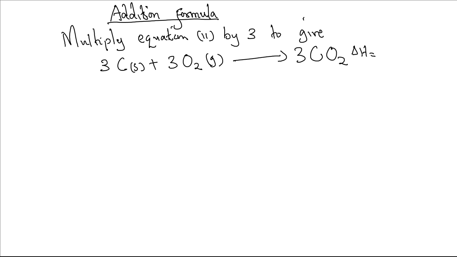Delta H for that is minus 1180.5 kilojoule.